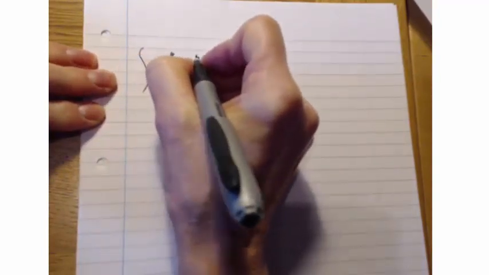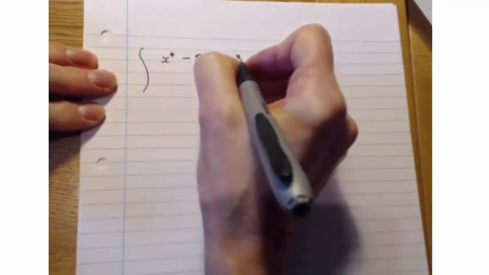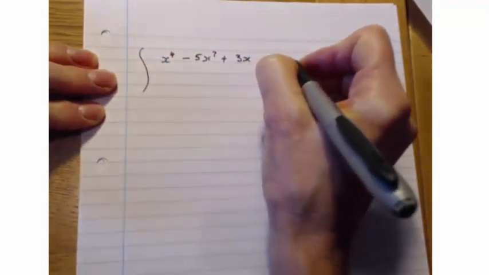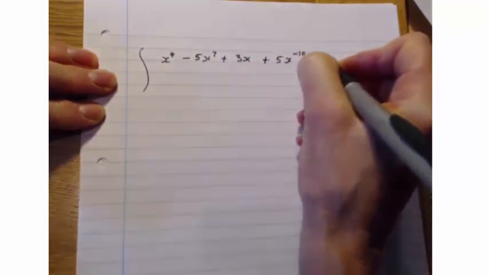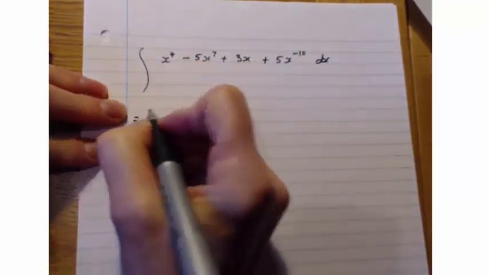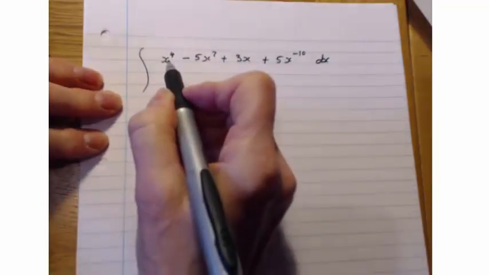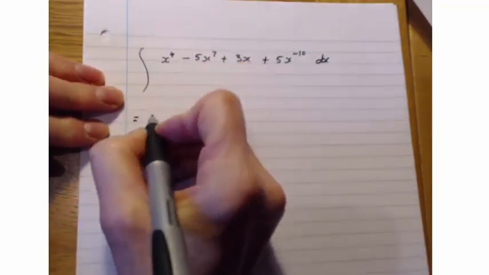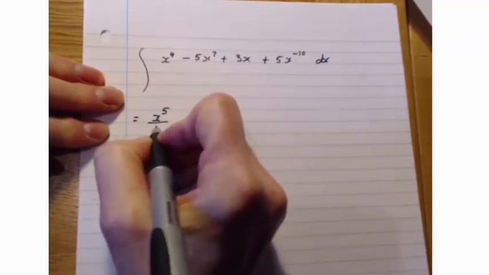Let's just do that. So, if we were asked to integrate x to the 4 minus 5x squared plus 3x minus 5x to the minus 10 dx. Let's just remember how we do it. So this is going to equal, what do we do? We do the opposite. We add 1 to the power and divide by the new power.